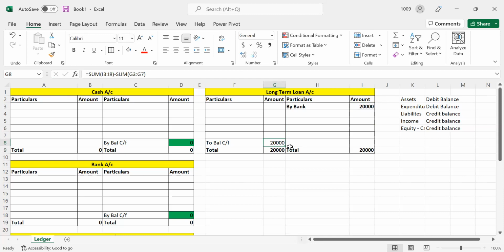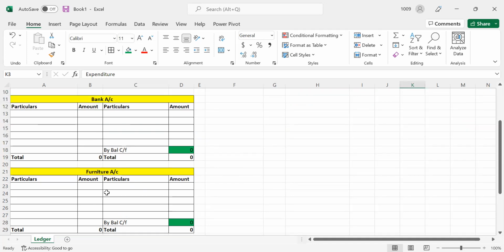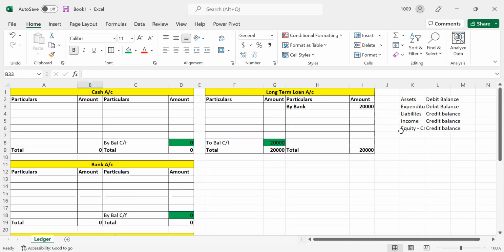So I'm going to click it here and fill with the green color so that you should be able to understand the credit balance ledger account. So we have assets, we have done expenses that can be done over here, just like a salary account. Liabilities we have done here because of the credit account.